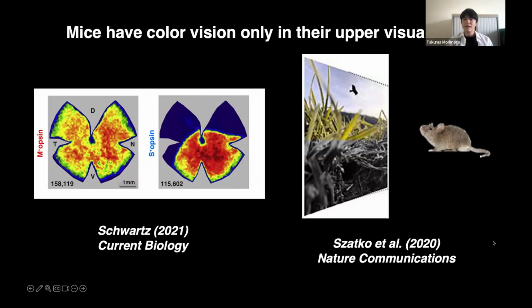A recent study measured lots of images from the mouse point of view, and found that there is not much UV light from the reflection of the ground. So having two types of cones in the lower retina doesn't give you additional information. This is the reason these researchers speculated for why there's this interesting, striking variation.